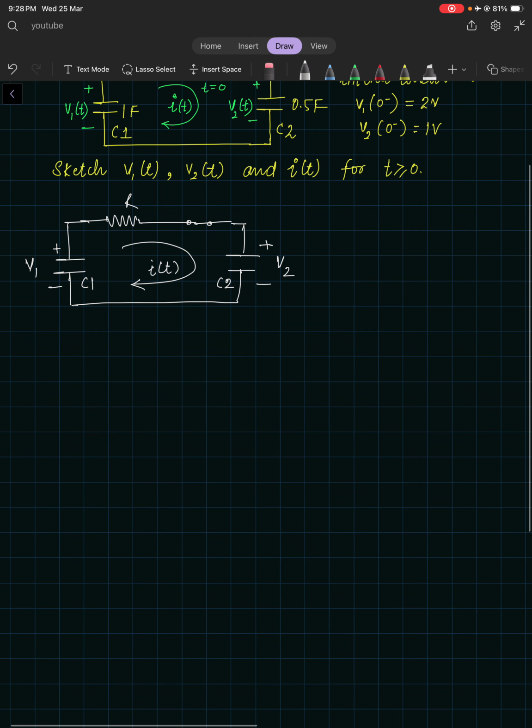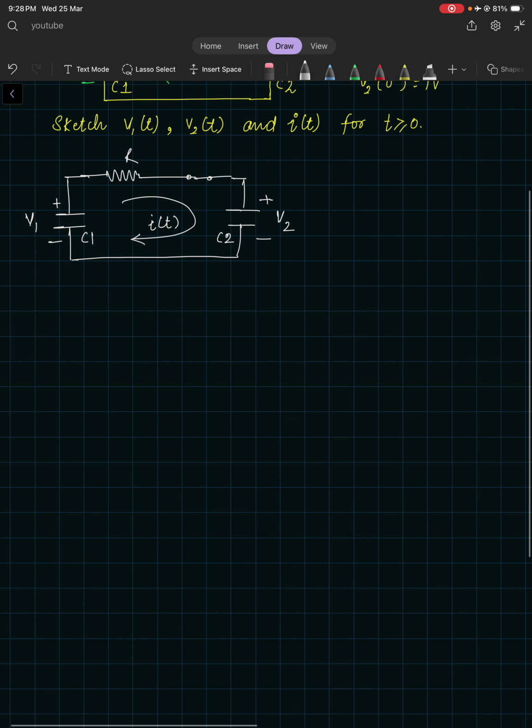So let's see what is the relation of I(t) and V1(t), and I(t) and V2(t). Before writing it, there is a convention. Let me use this green color. Suppose this is the plus terminal and this is minus, this is the polarity of a general capacitor, and this is how the current is flowing.